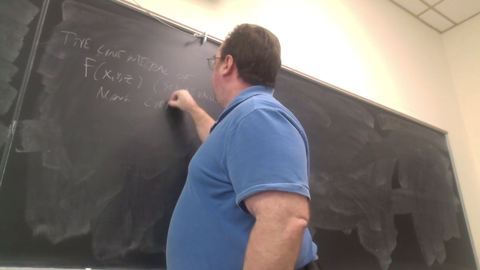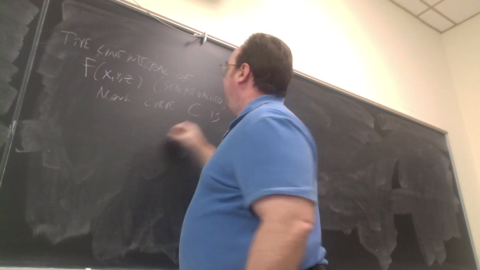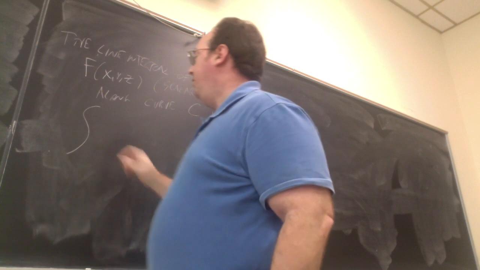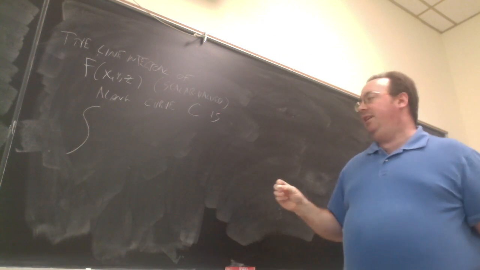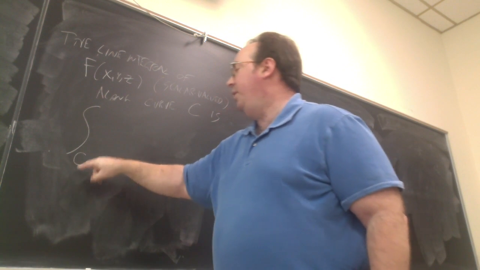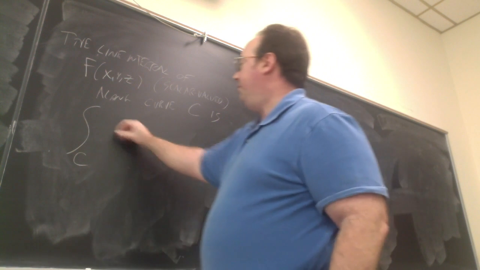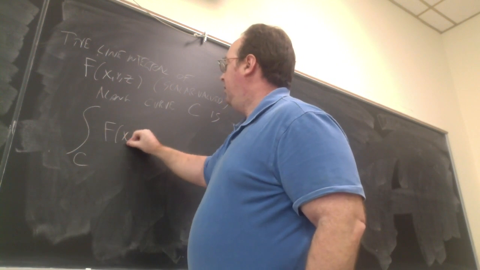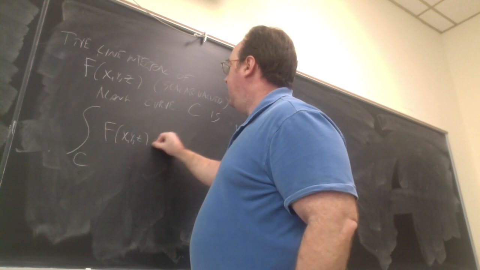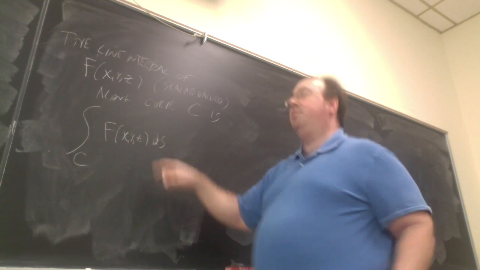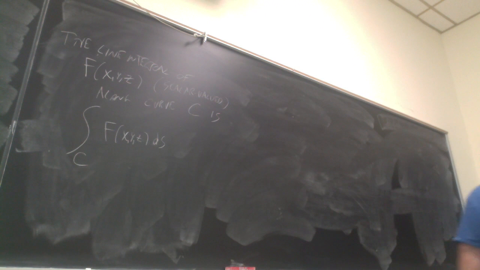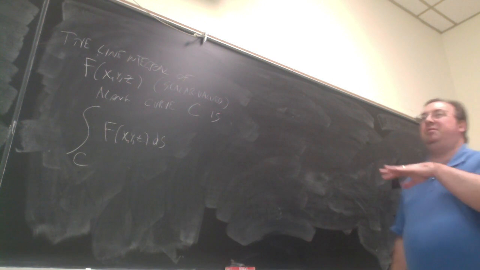Along a curve C is, the way this is generally written is we have a curve that we're integrating over written below the integral sign, and we have f of x, y, z ds, where ds corresponds to arc length along the curve. But of course this doesn't help you to evaluate.